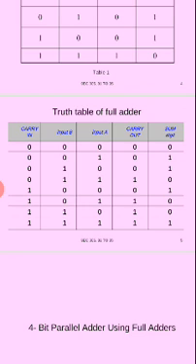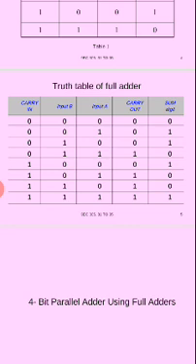In full adder truth table, in full adder we add 3 bits at a time. For combinations of 3 bits, 2 power 3, we get 8 combinations.